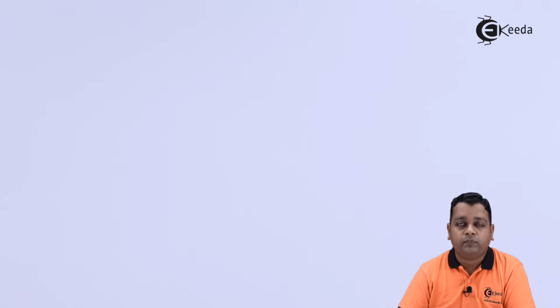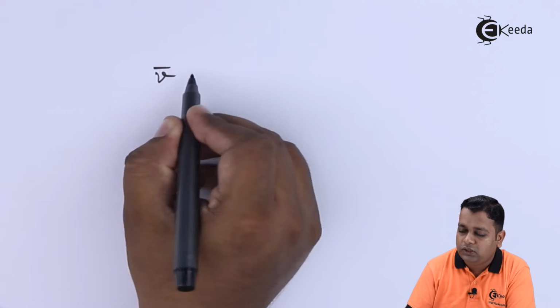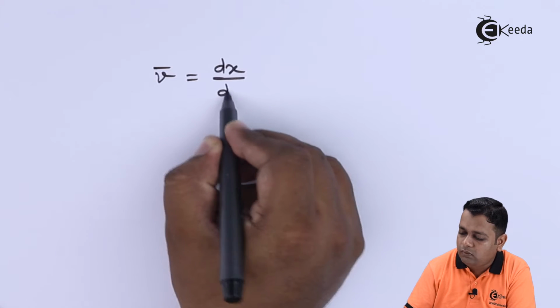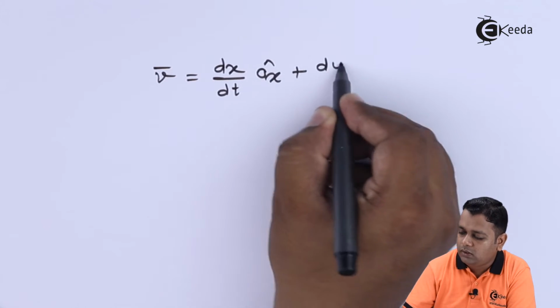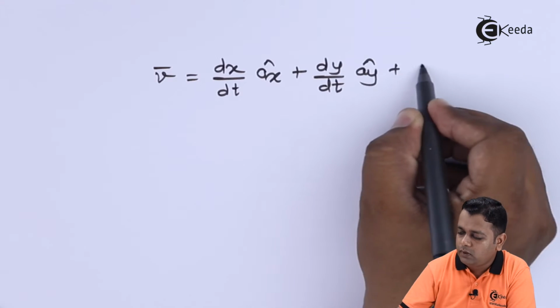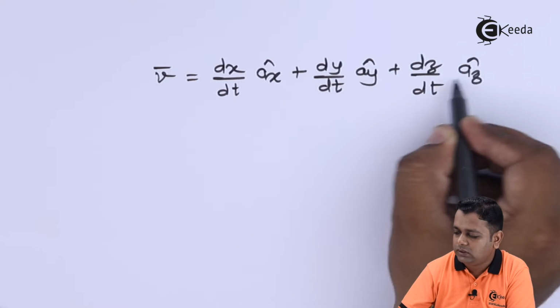Accordingly, as we have the cross product of the velocity vector V and the magnetic flux density B, for the velocity vector V bar we can denote dx by dt into ax cap added with dy by dt into ay cap added with dz by dt into az cap.